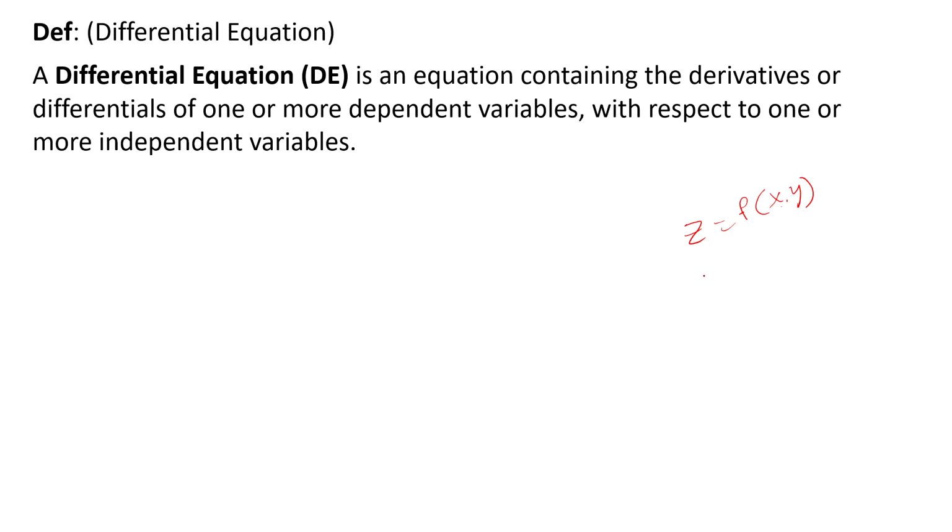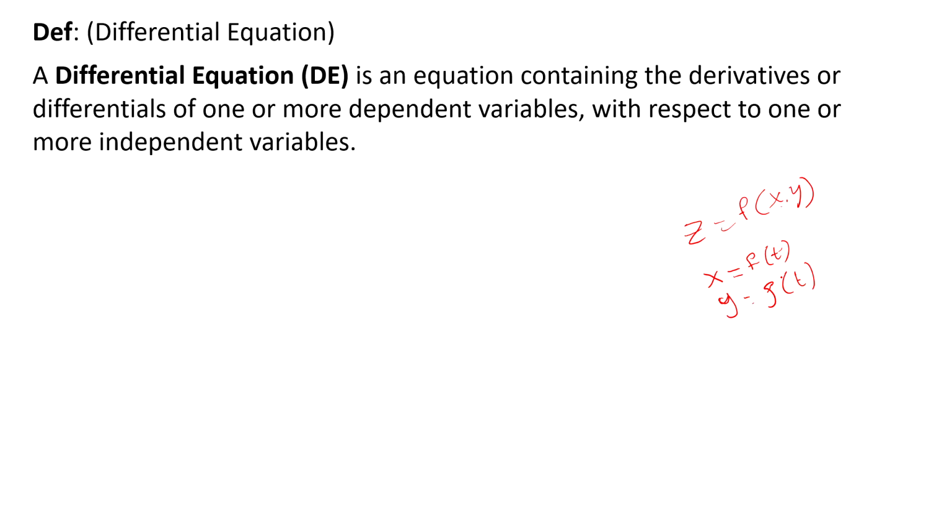Could you have a situation like this? x equals f of t, y equals g of t. Yep. Is that a case where you have one independent variable t, but two dependent variables x and y? That's the idea.